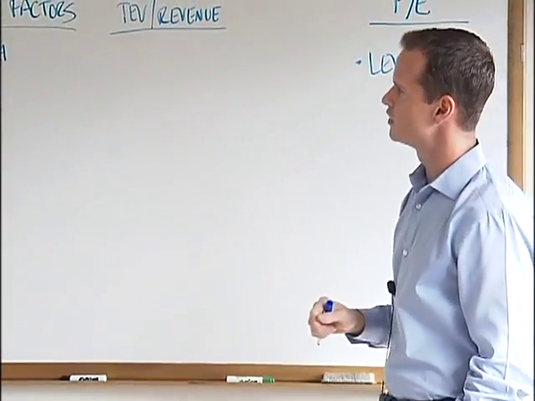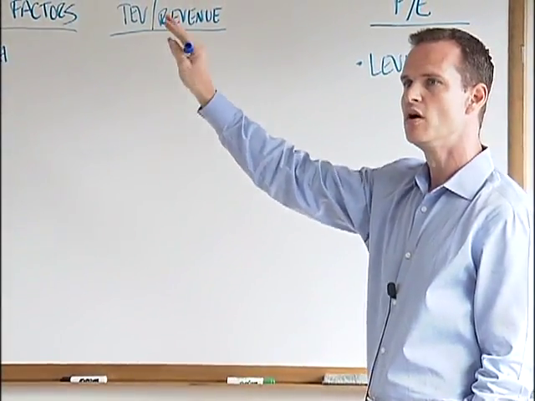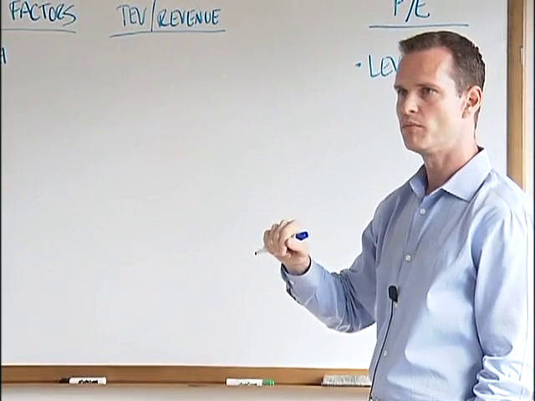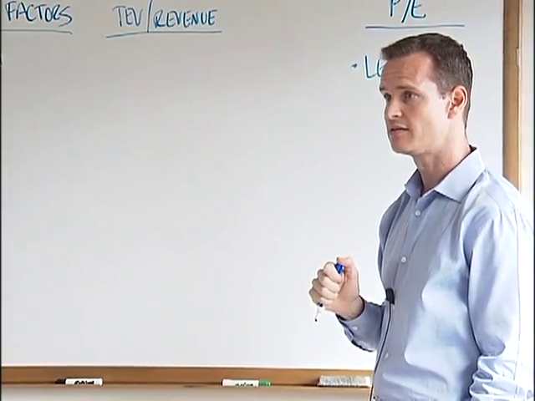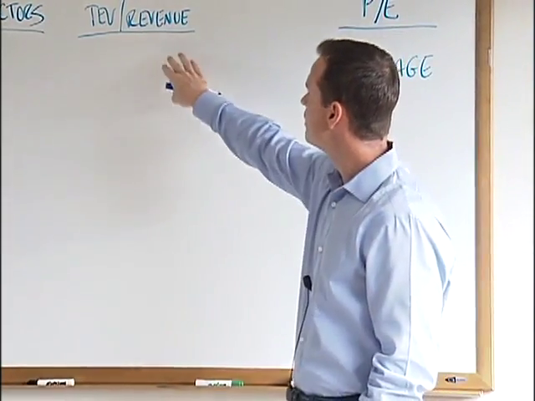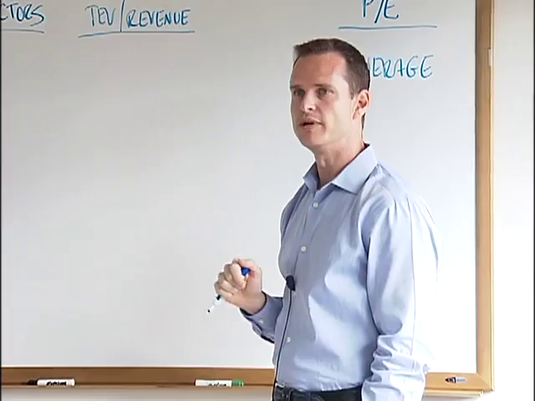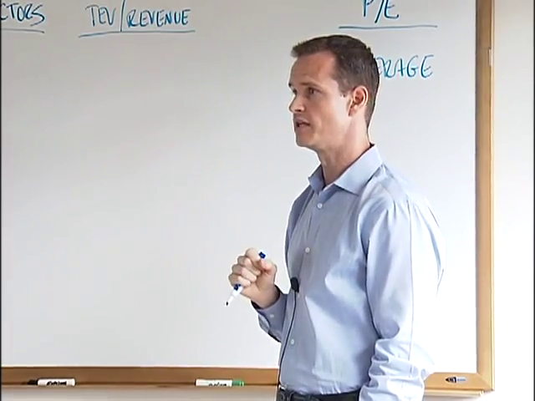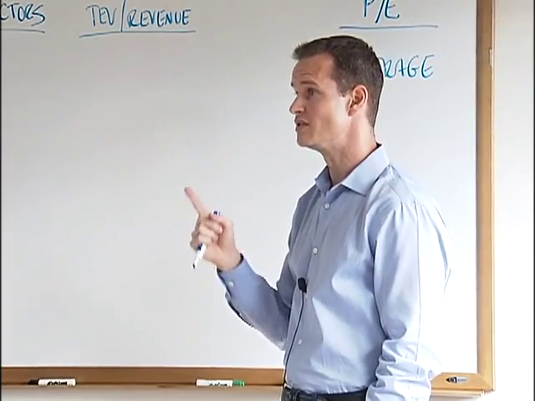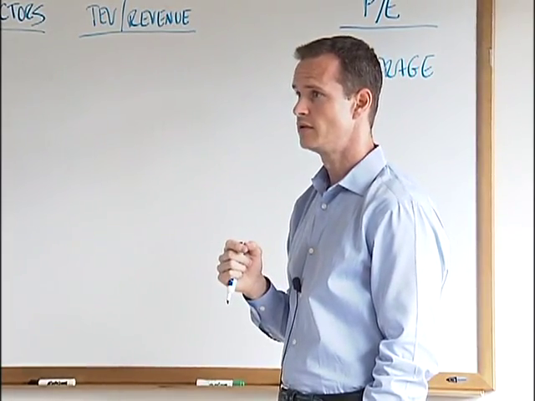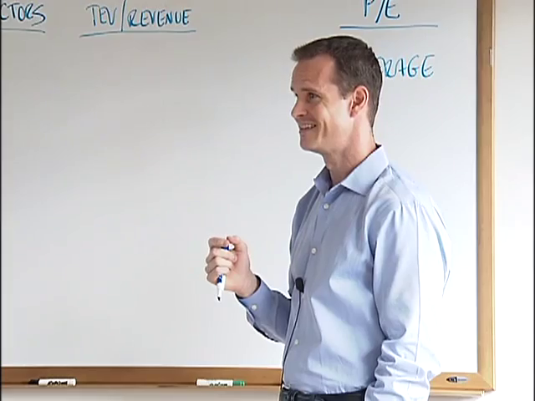Enterprise value to revenue multiple, again, getting back to the question, why is General Mills trading at 1.9 times revenues, ConAgra trading at only 0.85x? What might be a key factor in determining that difference in terms of the total enterprise value to revenue multiple? There's really only one that I'm looking for, one specific factor. Anybody know what it is?